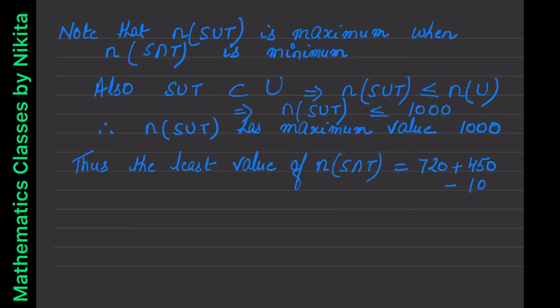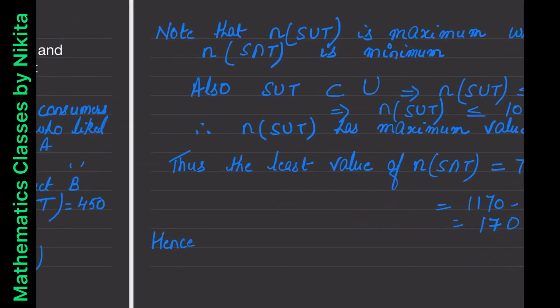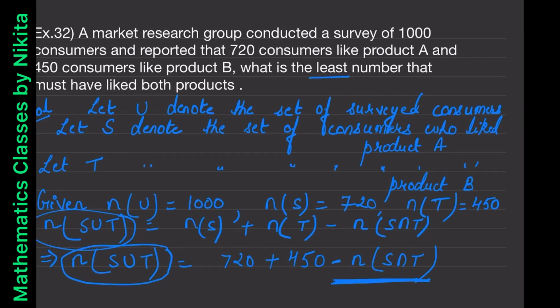minus 1000, which is equal to, now what is 720 plus 450? Just calculate. So you will get 170. So hence, what was asked? What is the least number that must have liked both the products?